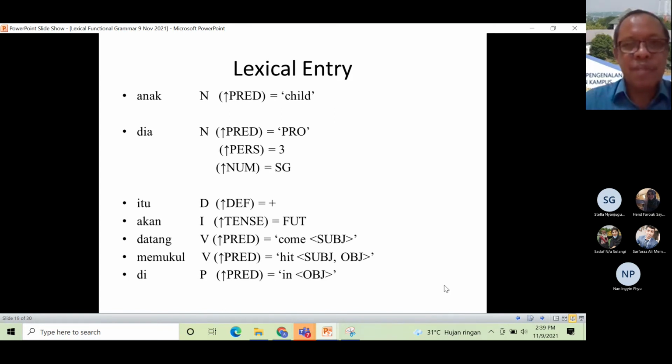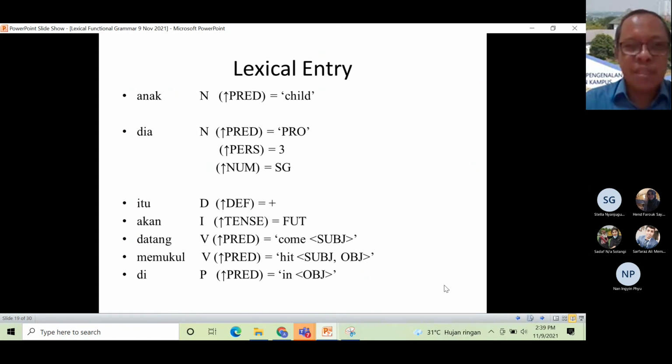It is a part of N, but this is pro. Pro means pronoun, so the predicate is pronoun. The person is three, and the number is singular. So this is the lexical entry of he or she, or in Bahasa Indonesia we say dia. We have the pronoun for third person singular.